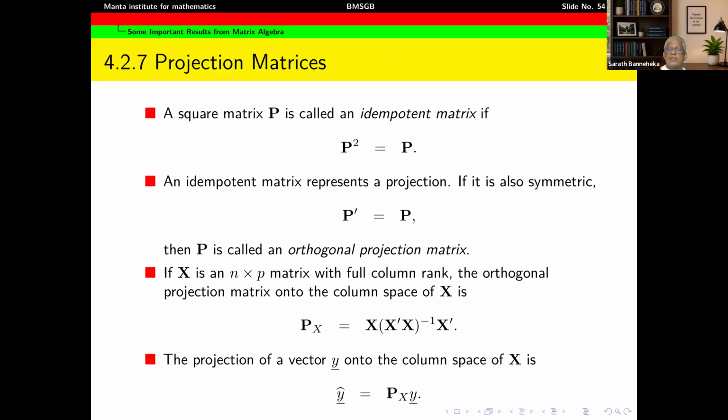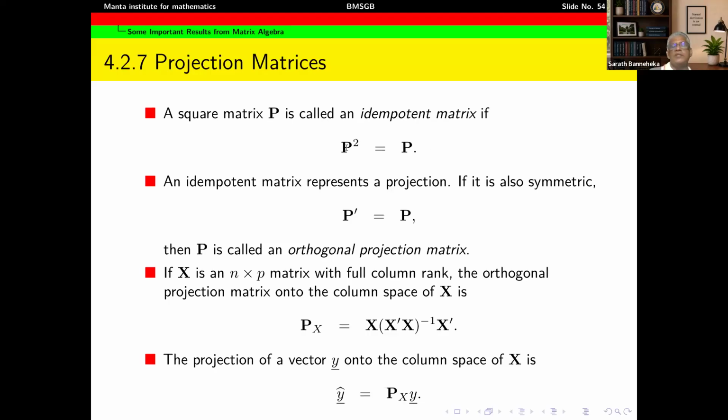And then another thing called projection matrix. That we can project a vector into some other vector using this kind of matrix. That's why we call it a projection matrix. A square matrix P is called an idempotent matrix. First of all, we define idempotent matrix if P square is equal to P, right?